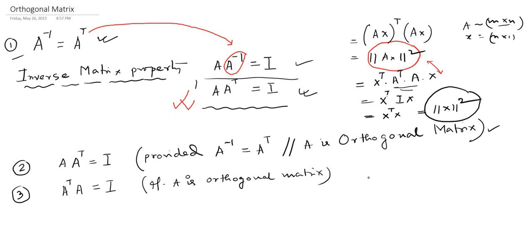It means we are saying that orthogonal matrices preserve lengths. So this is the same as this.